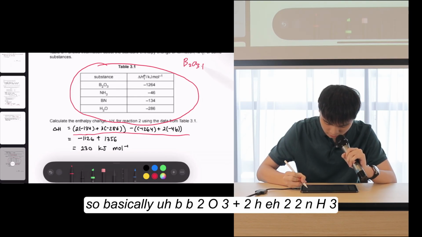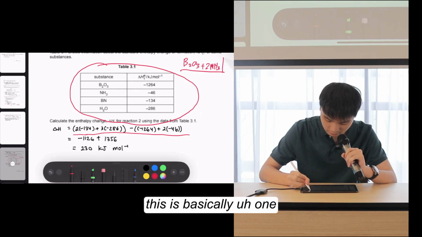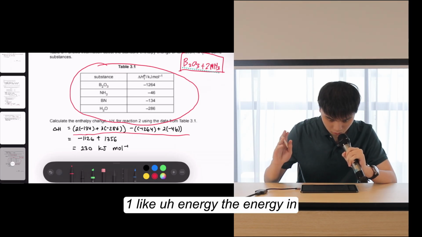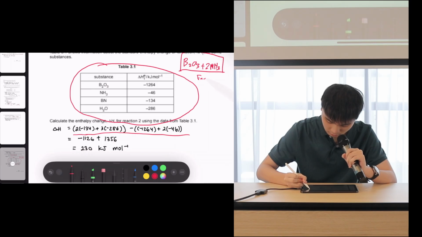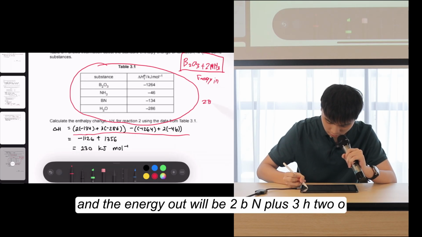So basically B2O3 plus 2NH3 is the energy in, and the energy out will be 2BN plus 3H2O.